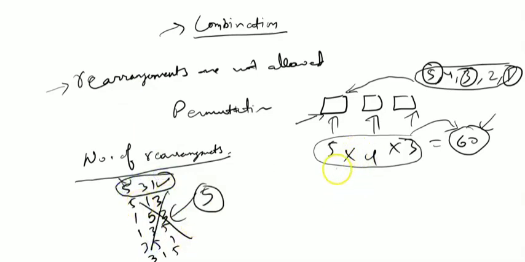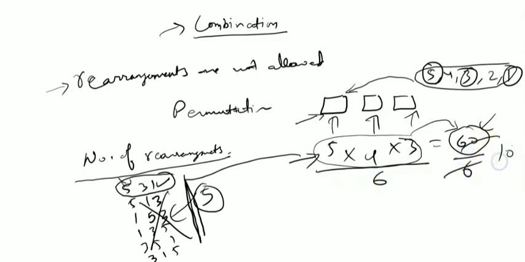And therefore I divide the total number of permutations that has been found, which includes all of these rearrangements, by the total number of rearrangements that are possible, which is 6, and that would give me 10 as the total combination value. And there are 10 combinations in which there are no rearrangements. This is what you call combination, where every number is unique.